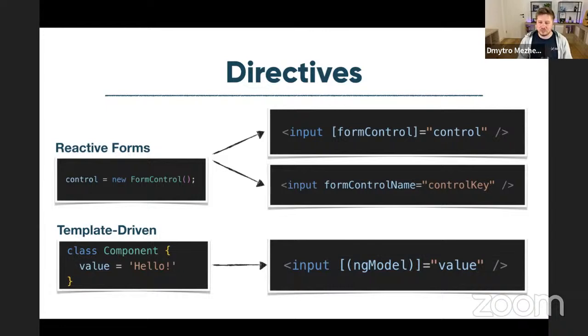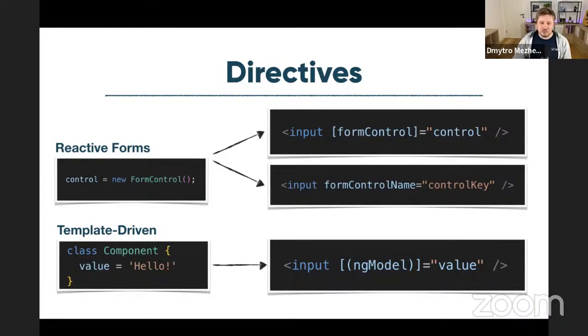And here you reasonably might raise a question like, okay, but Dmitry, you mentioned that form control models are shared between two types of forms, but we don't see anything like that in the template-driven forms.